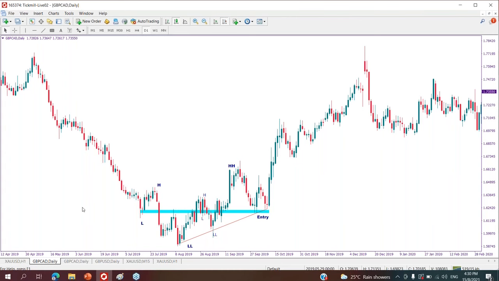How many entries do you take a day? Honestly, I don't trade every day. I have my own target. If I feel like today is enough for me to make like a hundred or 200,000 or whatever, on my own target, I think it's enough for me. I'm not going to trade every day.